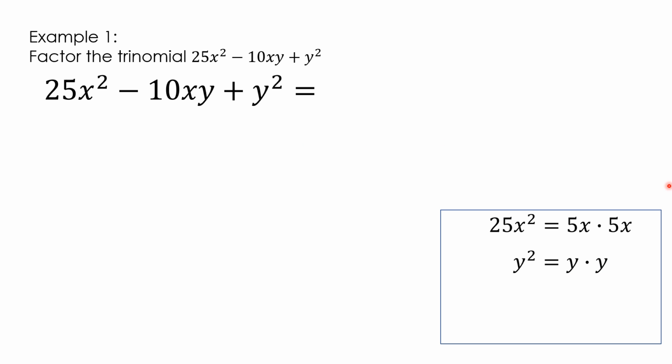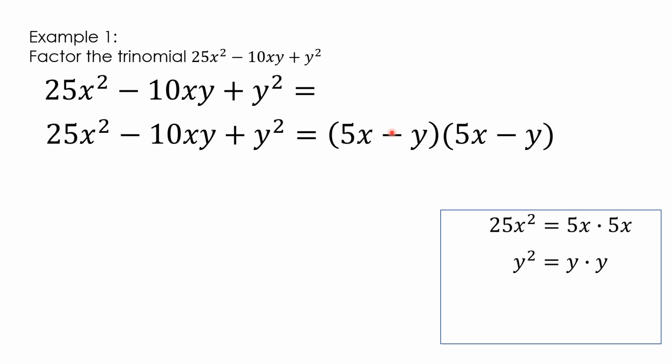And then we will plug this into our formula from the given formula earlier, that is 5x minus y. So here we get the 5x, then we get y here, 5x and y. So we can also write this in the form of the quantity 5x minus y squared.